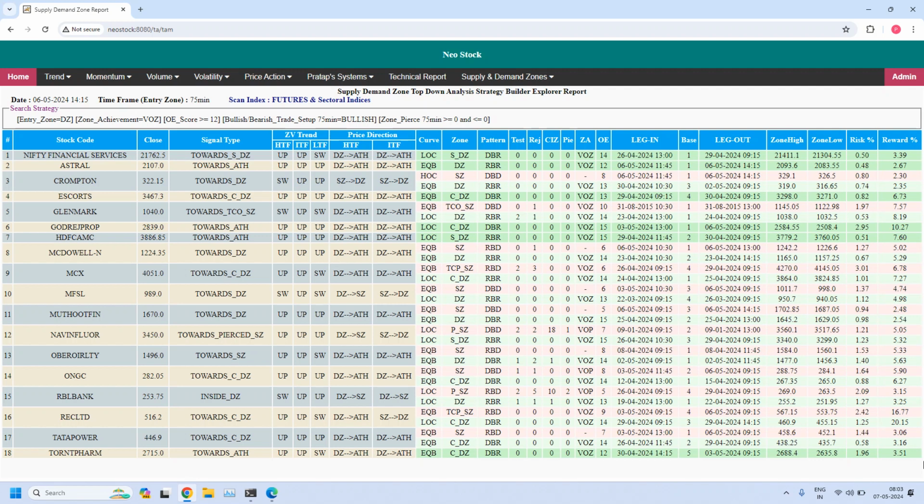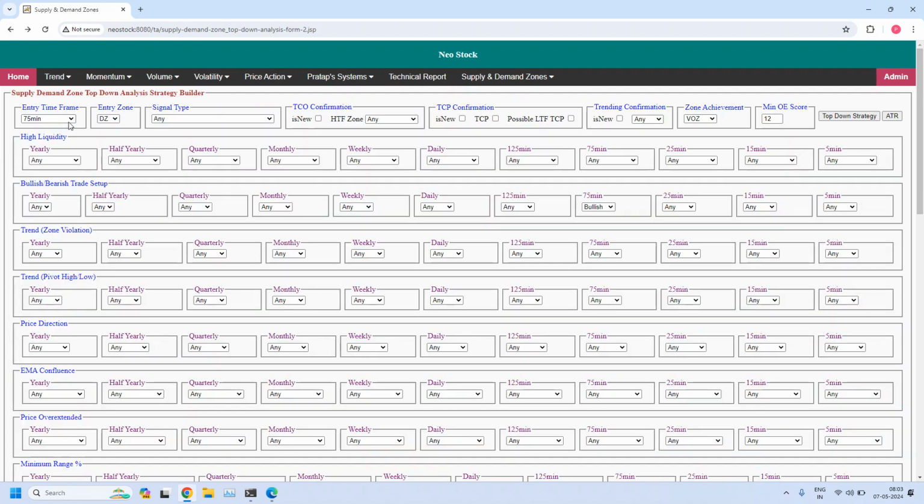Now I will generate a bearish trade setup for weekly income trade. I am going back. So for bearish trade setup weekly income trade, entry time frame is 75 minutes, but entry zone should be supply zone. And in bullish or bearish trade setup parameter in 75 minutes time frame, now I need to change the value to bearish.